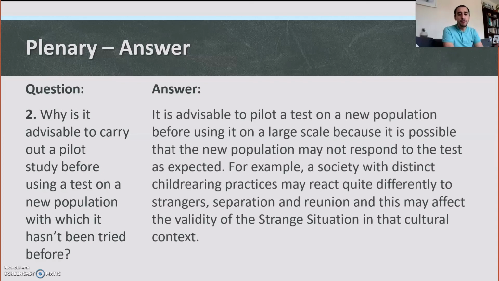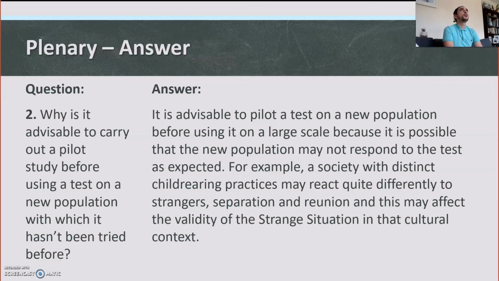It is advisable to pilot a test on a new population before using it on a large scale because it is possible that the new population may not respond to the test as expected. For example, a society with distinct child-rearing practices may react quite differently to strangers, separation and reunion, and this may affect the validity of the strange situation in that cultural context.